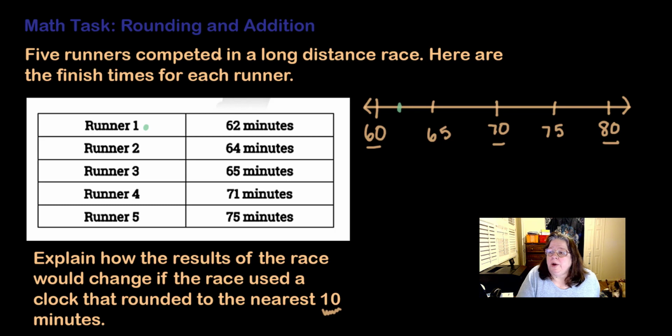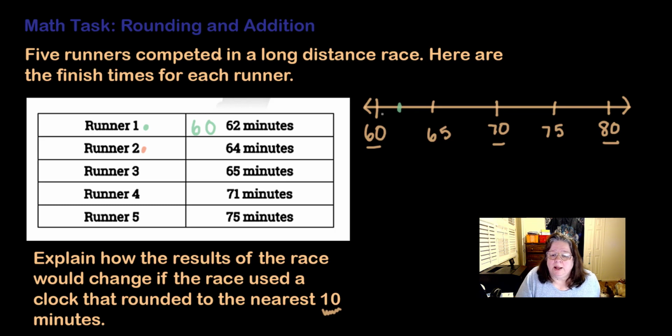Okay, so runner 1 rounds to 60. It's closest to the 60. I think that's pretty clear. So we'll just put 60 over here. Runner 2 will be pink. Runner 2 took 64 minutes.